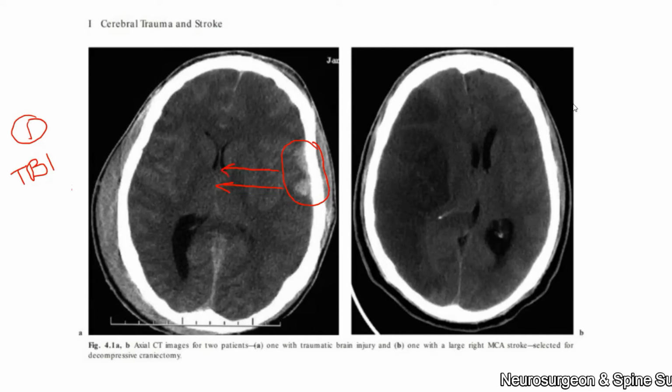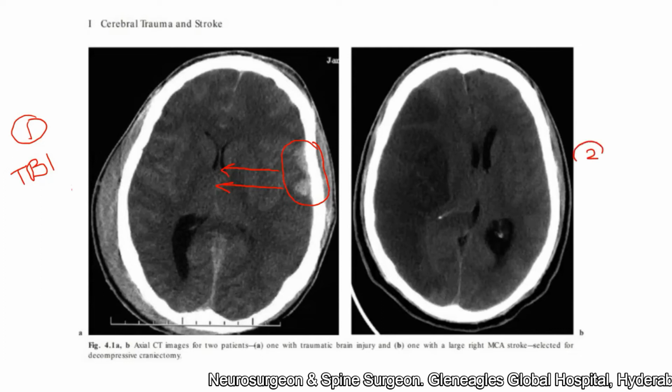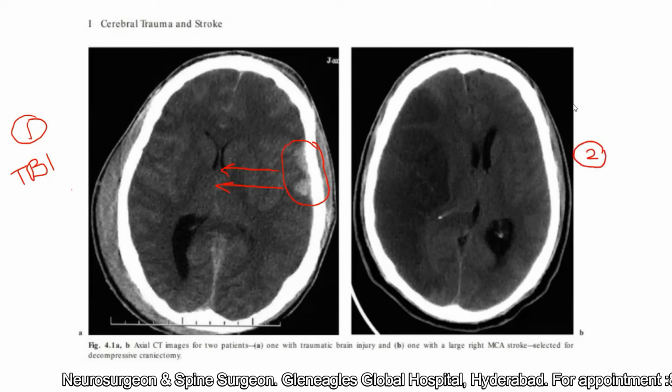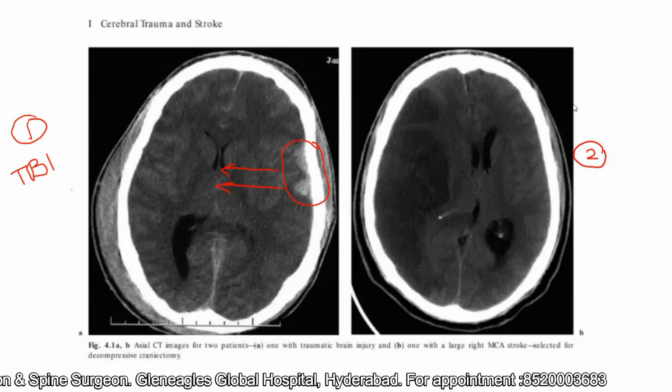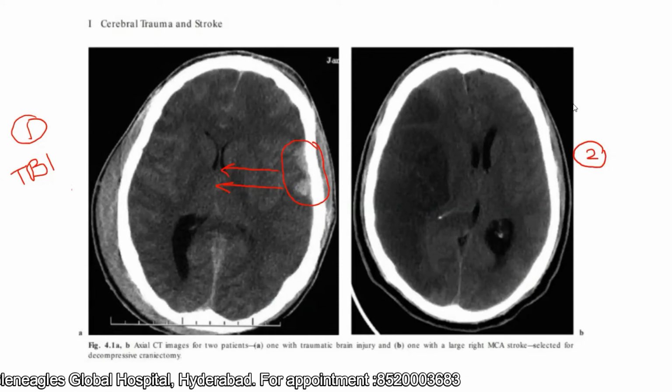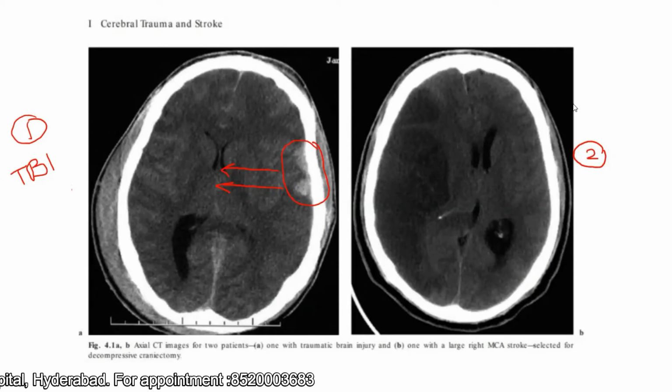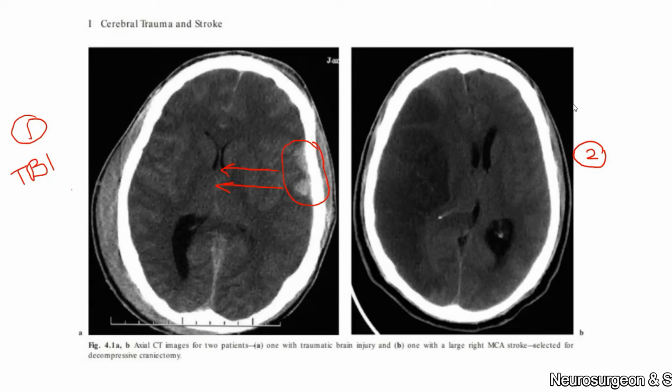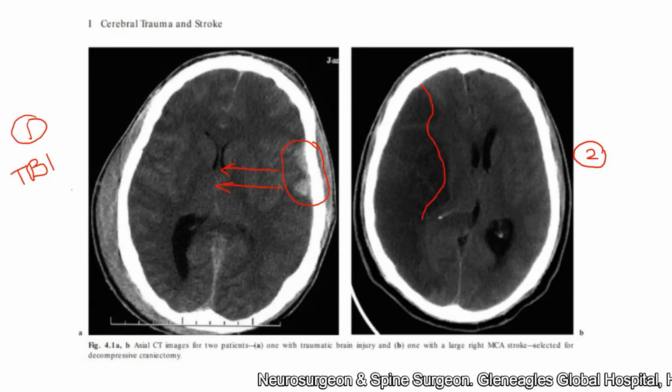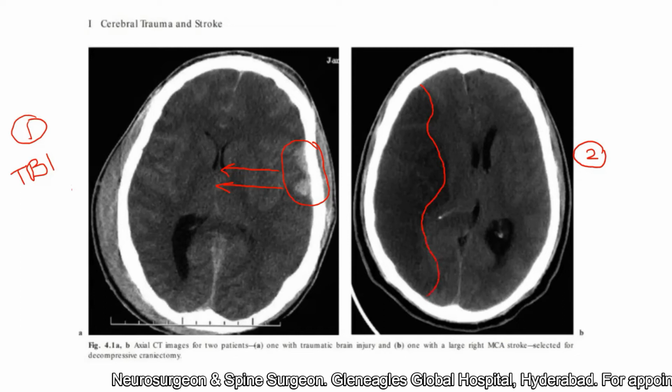The second classical indication is an infarct. Is a stroke. It may be a hemorrhagic infarct, or a bleed, or an ischemic stroke. So here you can see, the last picture was a left-sided bleed. Here you can see a right-sided stroke. It's a well-defined infarct in the right-sided territory, frontotemporoparietal region.